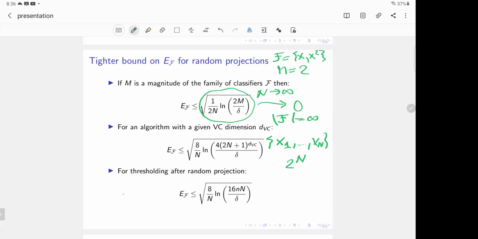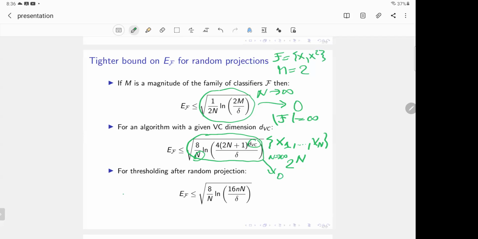So the VC dimension gives an upper bound for these different options that our family can provide on a finite data set. And here we can see the bound that it gives that depends again on the sample size, and here it depends on the VC dimension. It also converges to 0 as n goes to infinity.